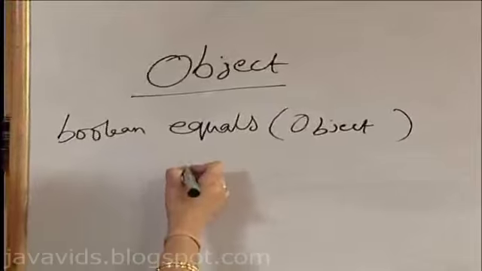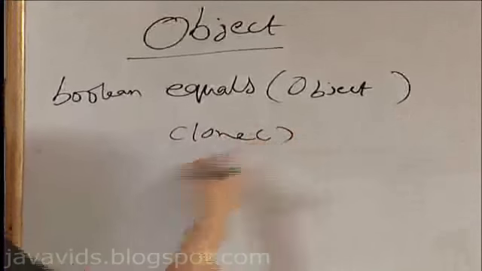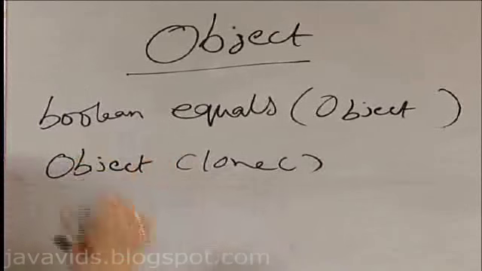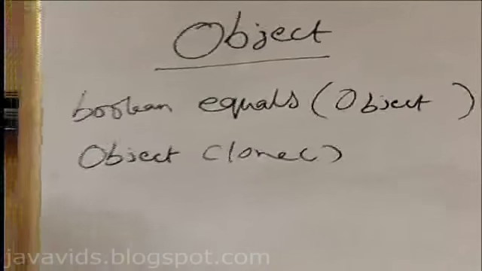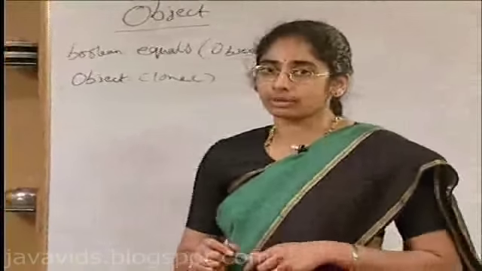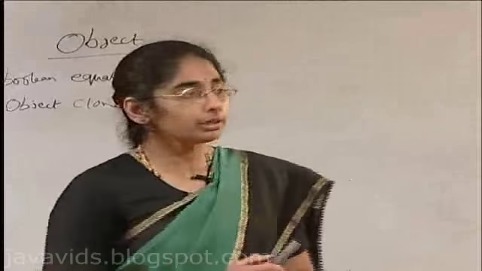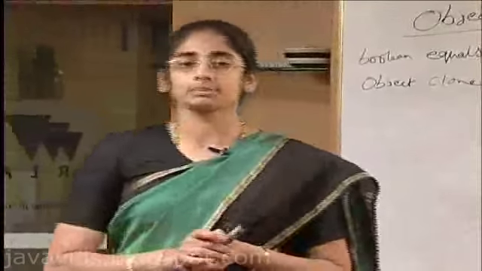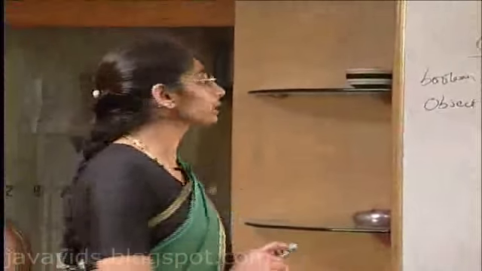Then we have the clone method, which returns an Object. Clone is a method which is used to make a bit by bit copy of an object. We will be discussing the clone method after covering exception handling and at the end of interfaces.